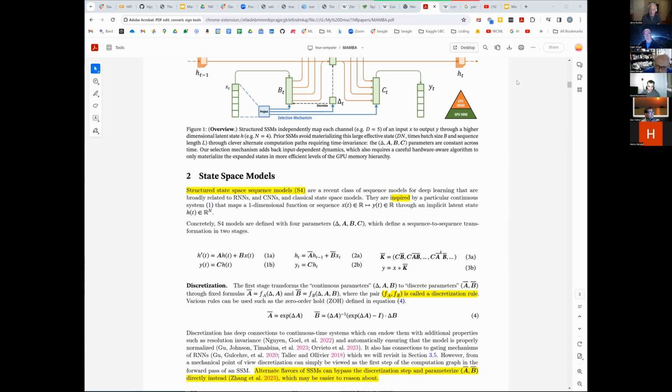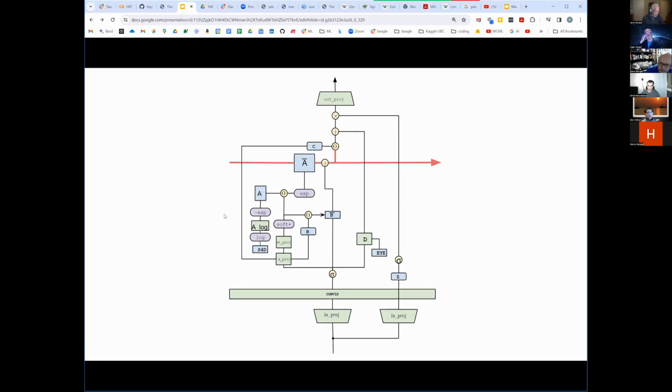Okay. Should we get back on here then? Where were we? So we computed A bar and B bar. We also computed C, which maps back out from the internal state out to, what they end up calling inner, essentially to the X. And then there's another, this is the residual.